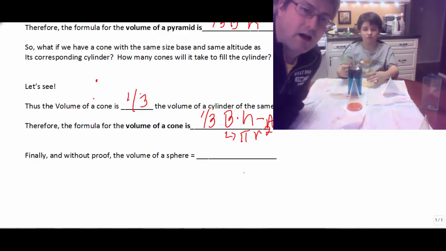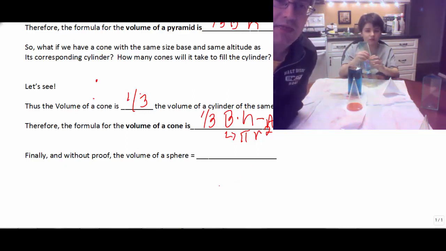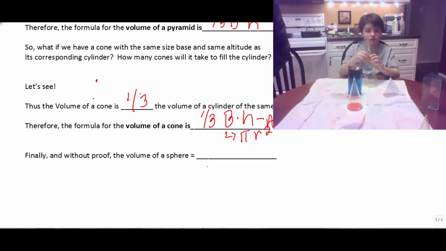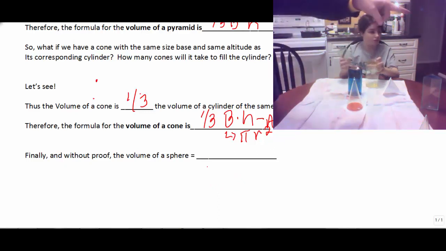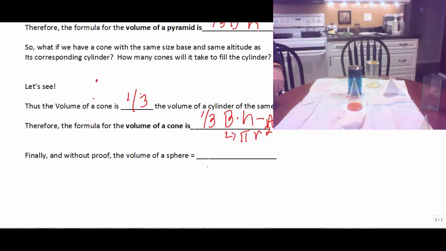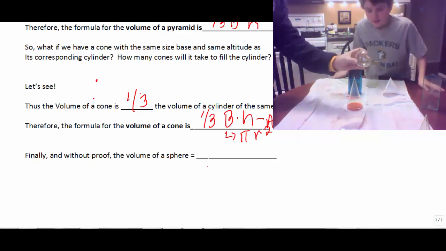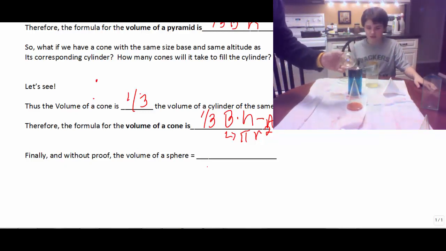And finally, our last formula is the volume of a sphere. Ryan, can you get the sphere out of the box there? Excellent. So that's our sphere. The volume of that sphere, how much liquid or anything can we fill that with?